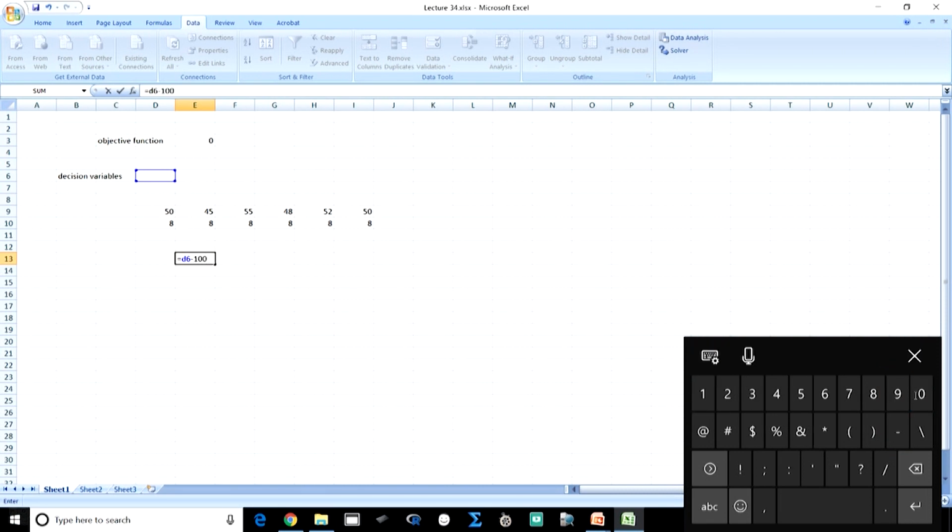D6 minus 100, and this is going to equal I1. The value of this particular cell is D6 minus 100.